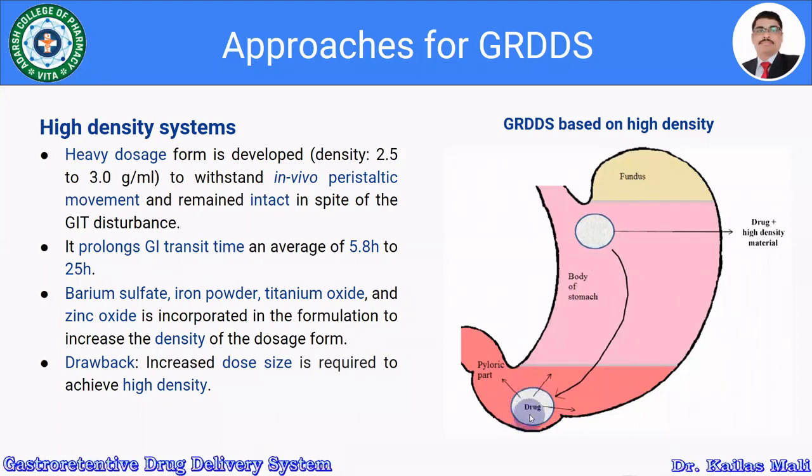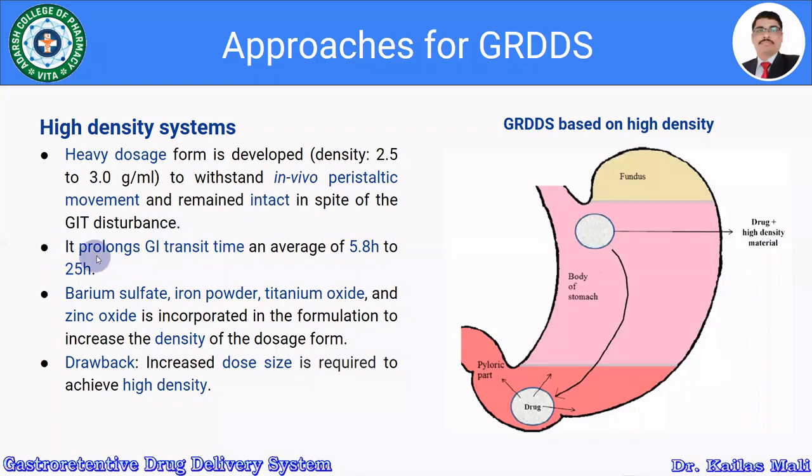So in the case of the high density systems, a heavy dosage form is developed, which has a density greater than 1, that is 2.5 to 3 gram per ml, to withstand in vivo peristaltic movement and remain intact in spite of the GIT disturbance.